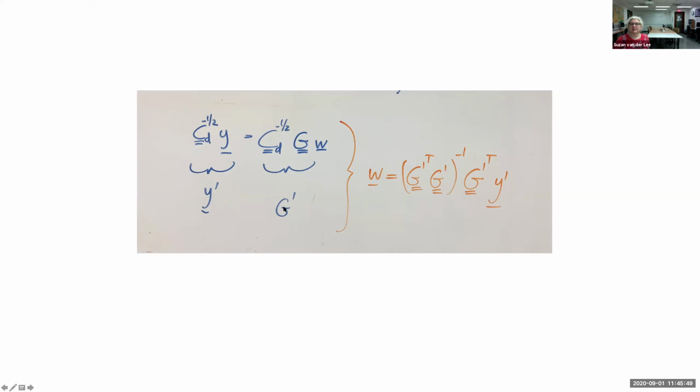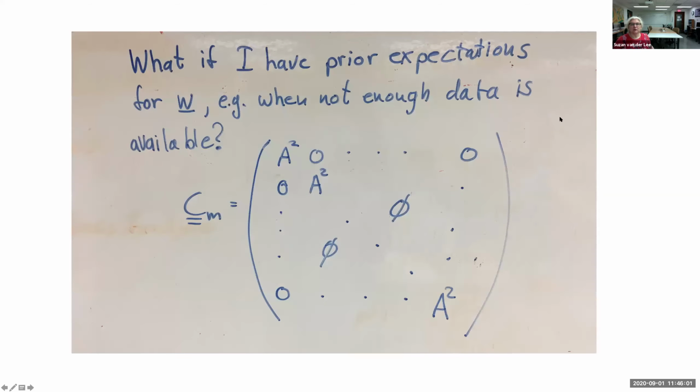Now, if you take these definitions for G prime and Y prime and you fill them in here, you'll see what this amounts to in terms of the actual matrix G and the actual data vector Y. Also, we can have prior expectations for the weights, essentially for the MOHO depth. In this particular case, we expect the MOHO to vary by a certain amount.